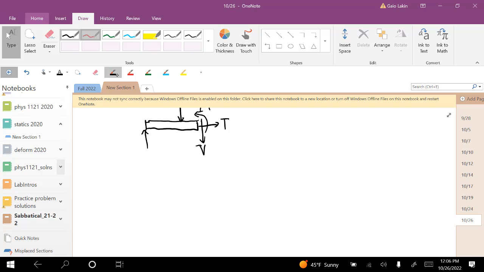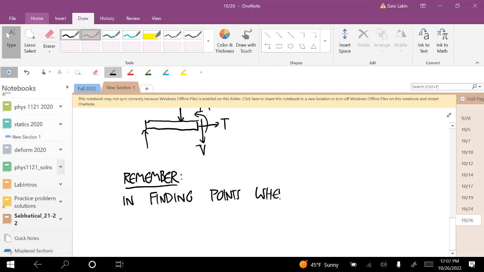And one thing that you have to remember, and I'm going to keep reminding you, but this is an easy thing to mess up. In finding the points where the subfunctions change, remember T and V and M are all piecewise functions, and we have to divide it up into cuts to calculate the individual subfunctions.